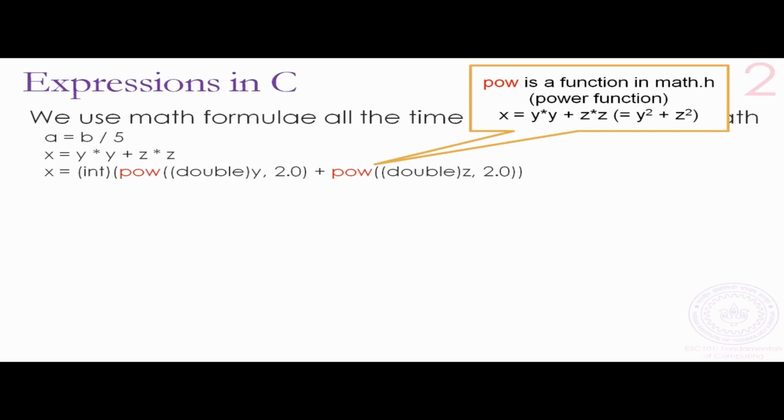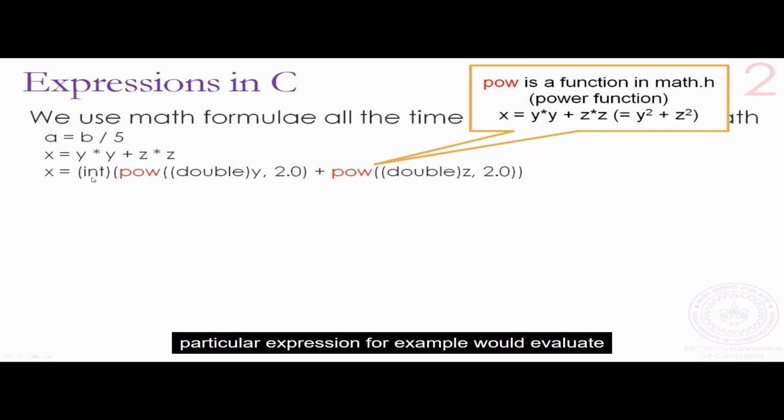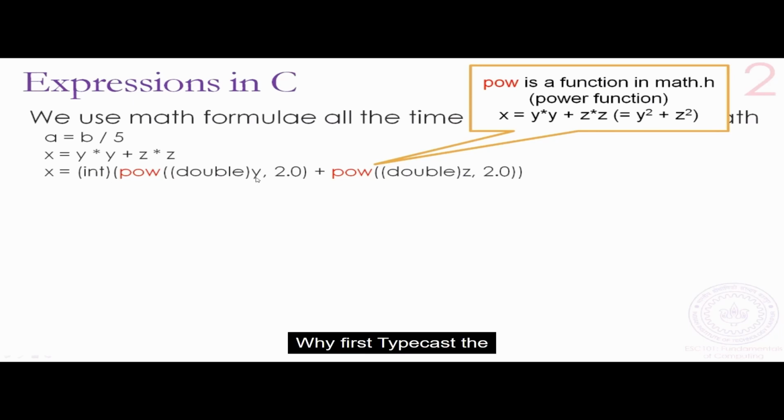But we'll look at that later when we actually do some programming using some functions that look like this. So this particular expression, for example, would evaluate y, first typecast the y to a double, and then raise it to the second power. Do the same for z, and then the whole thing would be summed as a double, and then would be typecast to an int, and that would be x.